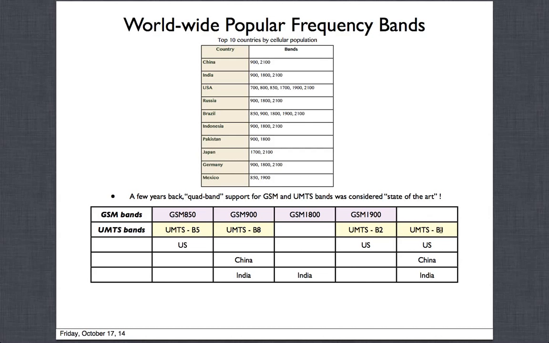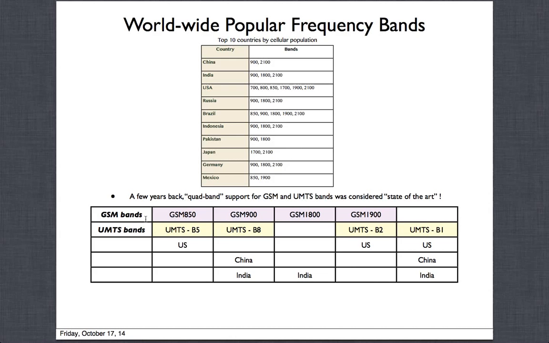What is the frequency for this band? This is 2100. China's 3G, 4G services are rolled out mostly in this frequency. India also has it. The US has it, 2.1 gig. Pretty much all the countries have band 1, which is the most popular band for the 3G, 4G type services which exist today. So these 4 bands, band 1, 2, 5, and 8, are the 4 bands of UMTS.